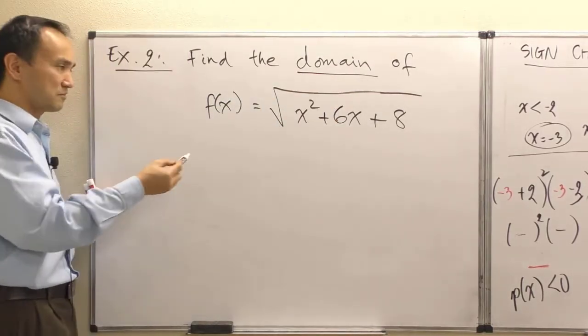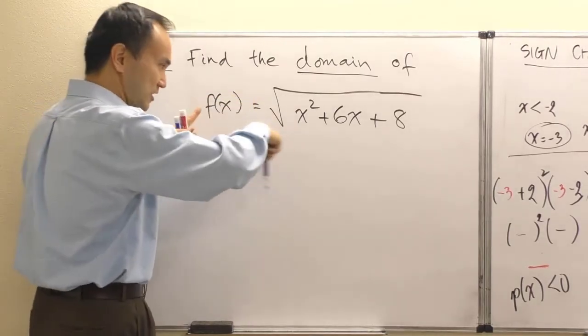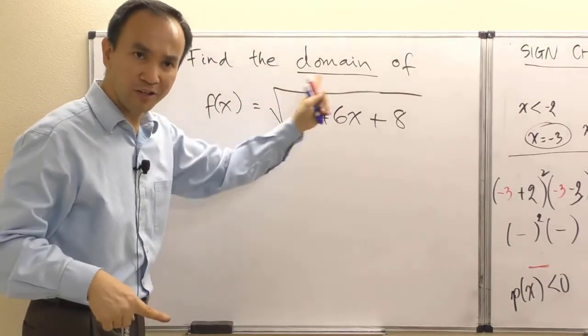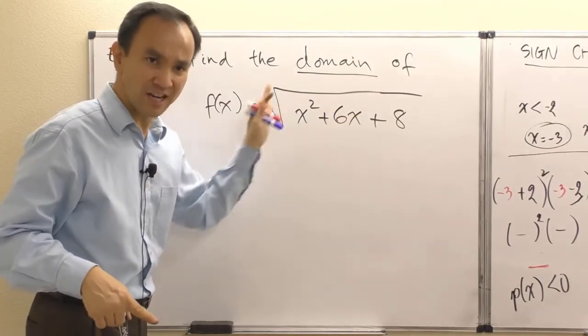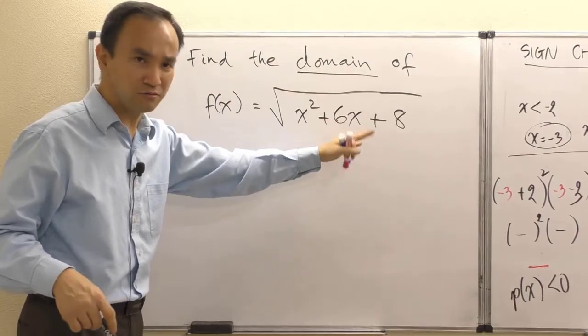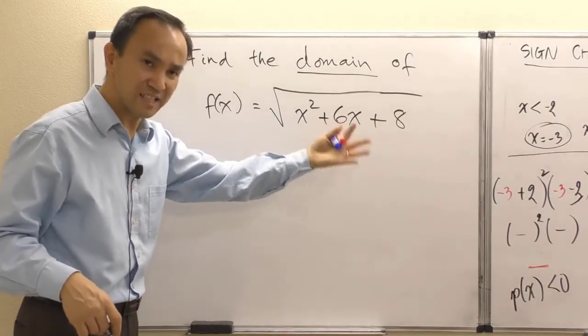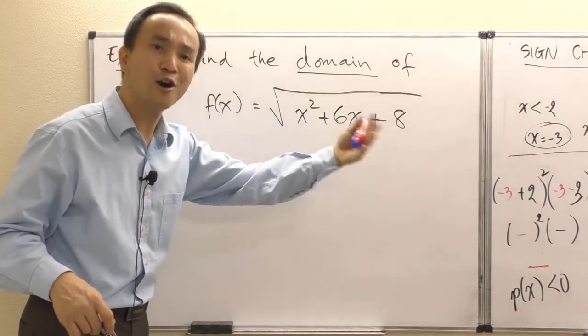And the square root is the only problematic operator in this function. We have no denominator. And by problematic, I mean something that we have to be cautious about.